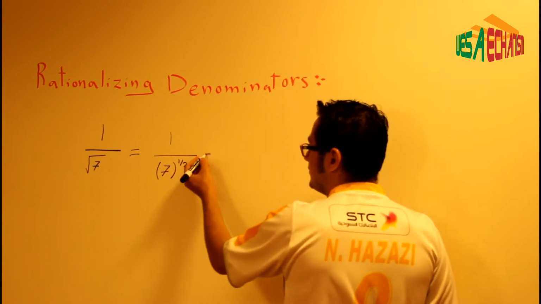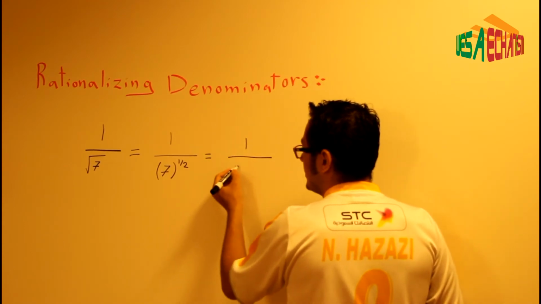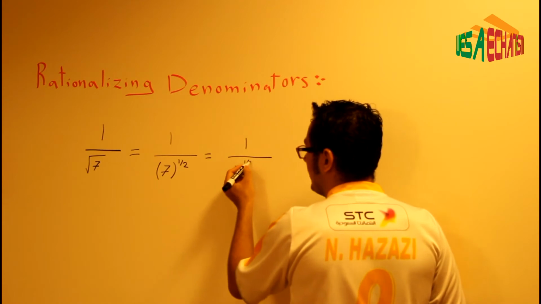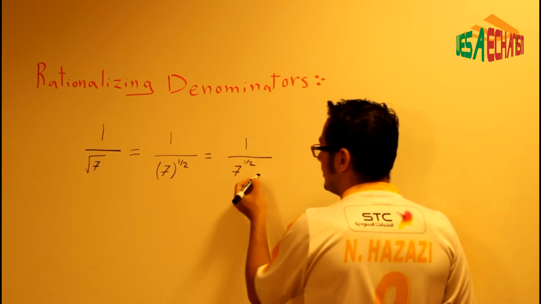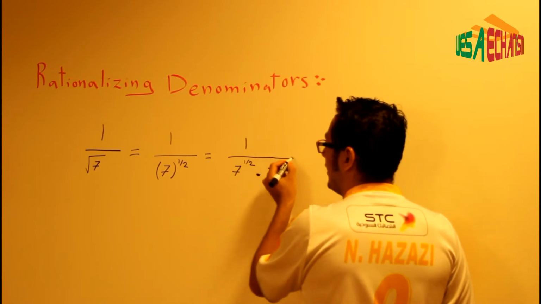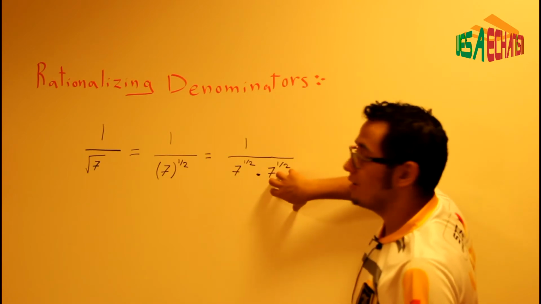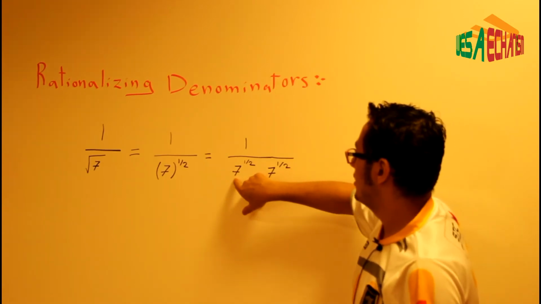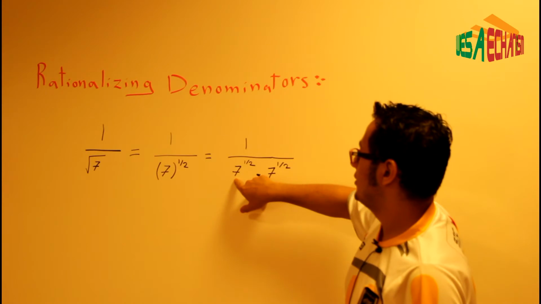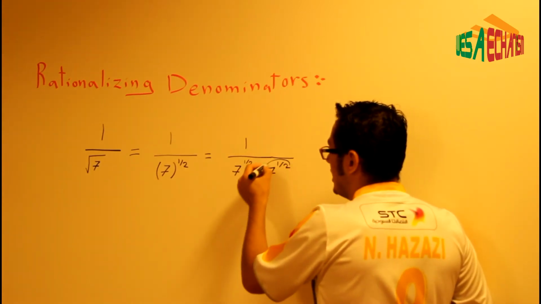So what we do is we say 1 over 7 to the power half multiplied by 7 to the power half. When we multiply the denominator with anything to make this number have a power of 1, we also have to multiply the numerator by the same number.